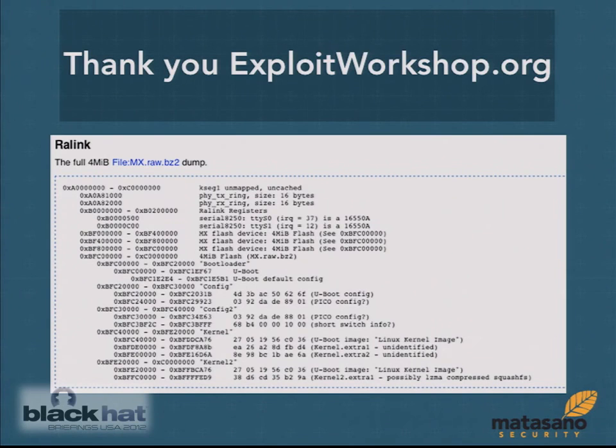But as you can see, there's a 4 megabyte flash memory address location, BFC through C00. That was my goal. That was what I wanted to start pulling off and analyzing, because as you can see at the bottom, there's U-boot image, Linux kernel image, and some extras. So I know this is booting Linux, and it looks like Linux is on this portion of memory somewhere, so my goal was to use that to my advantage.